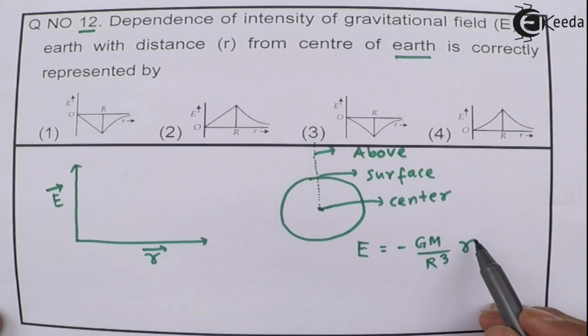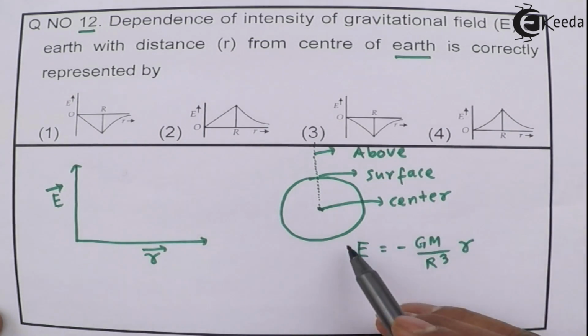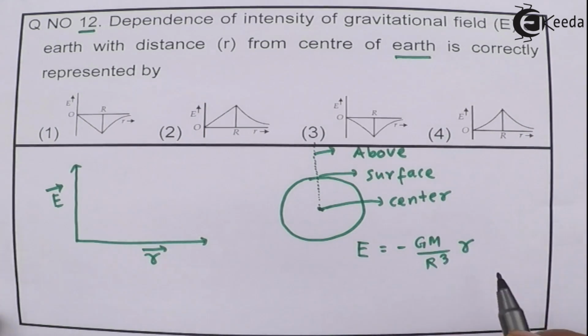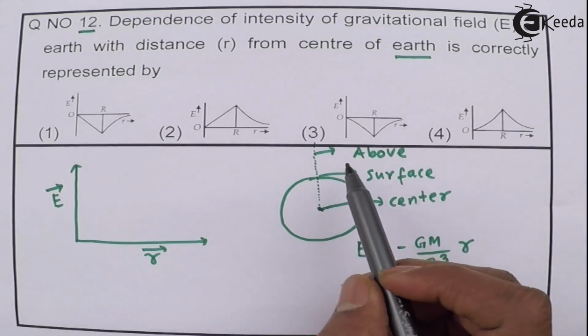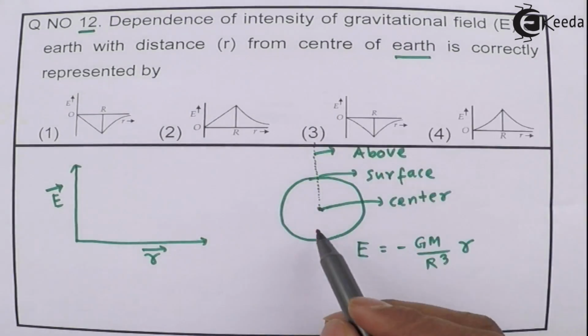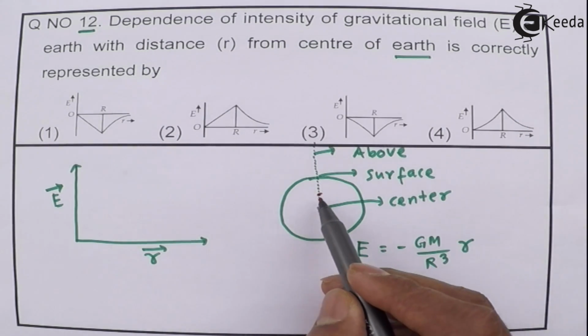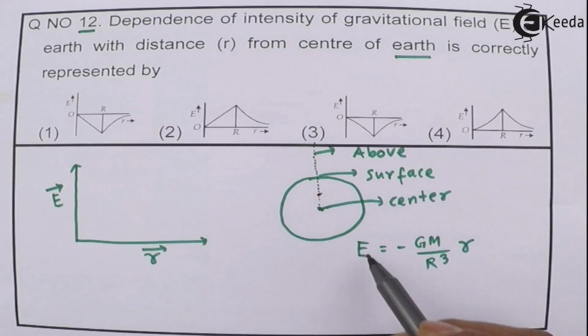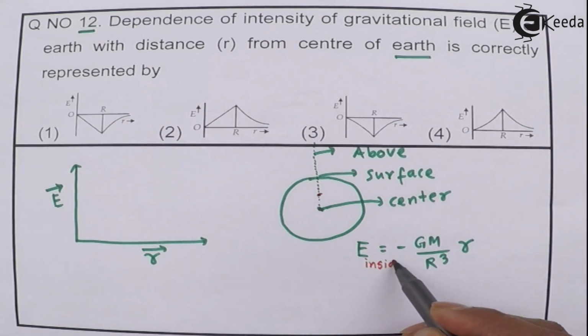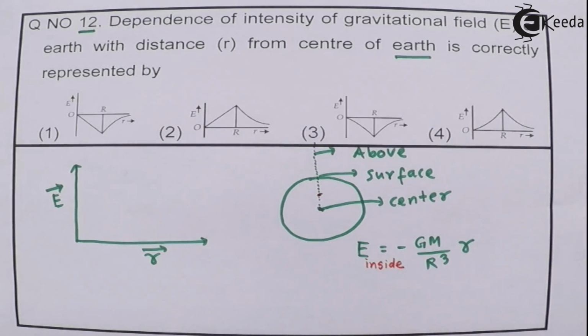In vector form, this formula represents the gravitational field intensity at any interior point. This is the formula for an inside point.